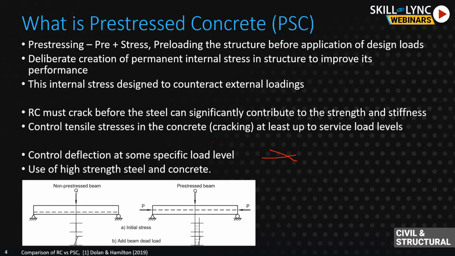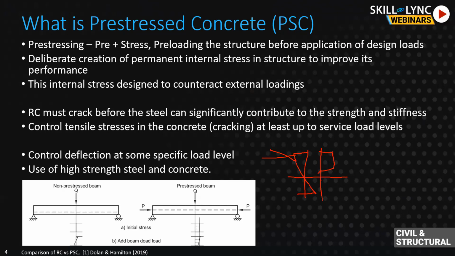Now, the problem with that is that before even steel comes into play, we have to crack the section. Because if you remember our classic reinforced concrete design, we have compression on the top, tension in the bottom, and then we have equilibrium where tension is equal to compression.